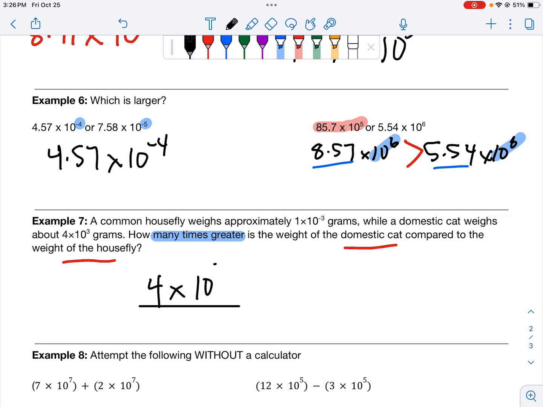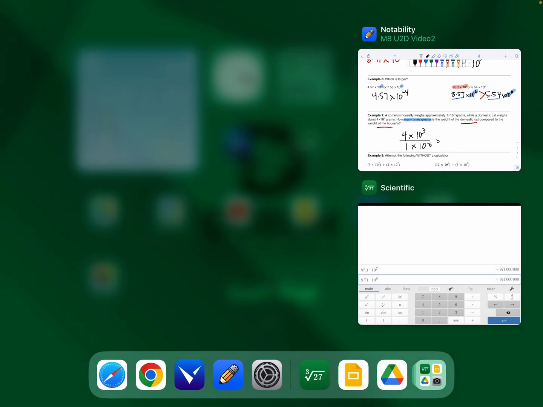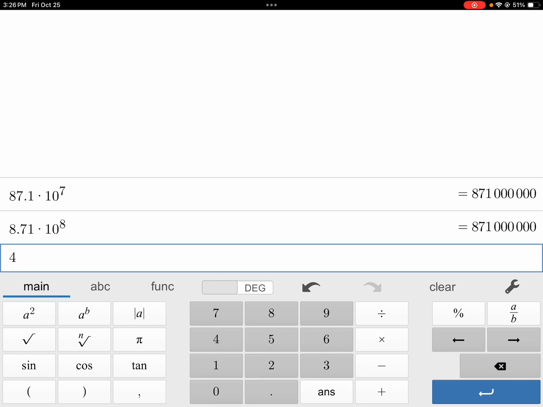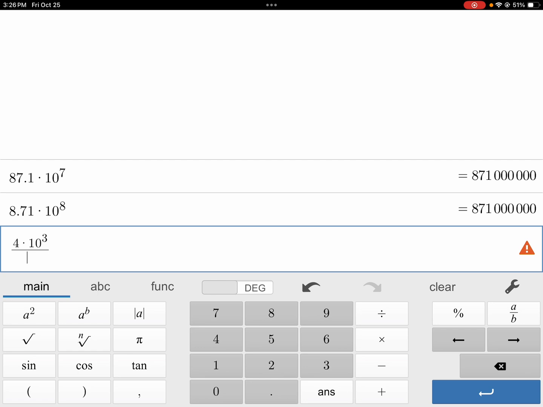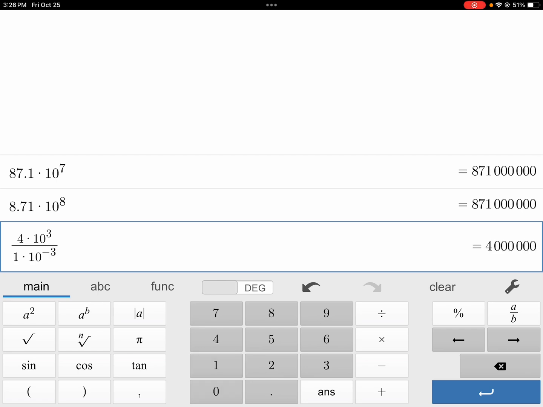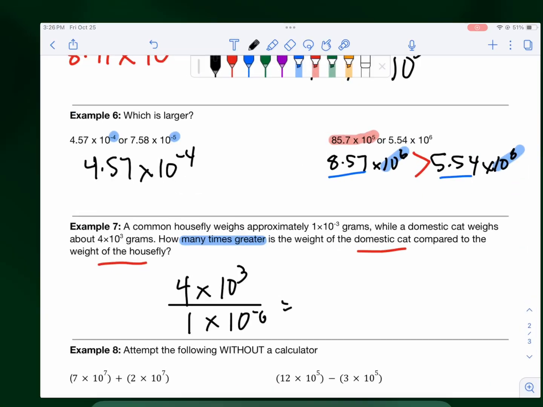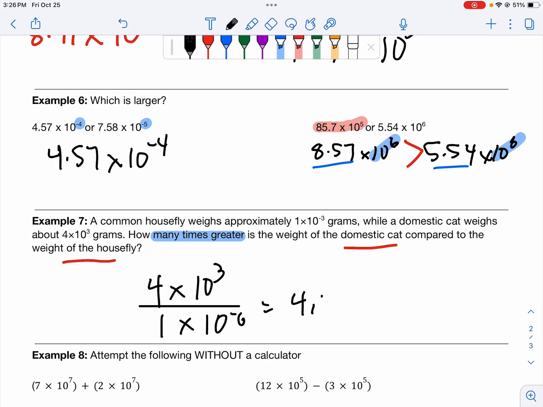So it's going to be 4 times 10 to the 3rd over 1 times 10 to the negative 3rd. I have to put in my fraction first. 4 times 10 to the 3rd divided by 1 times 10 to the negative 3rd is 4 million times bigger. If you think about it, a cat's not very heavy. That shows you exactly how light a housefly really is. 4 million houseflies weigh the same as one cat.